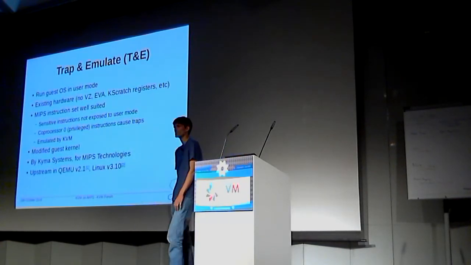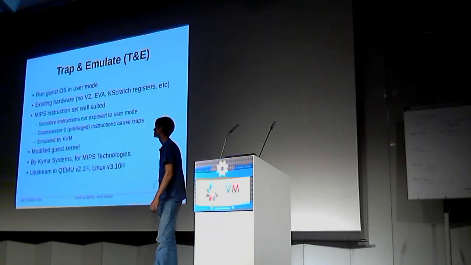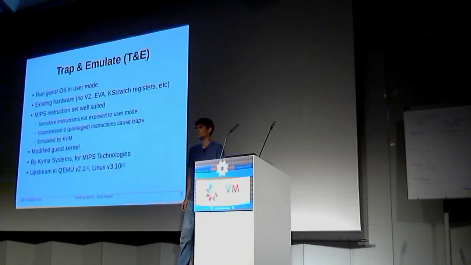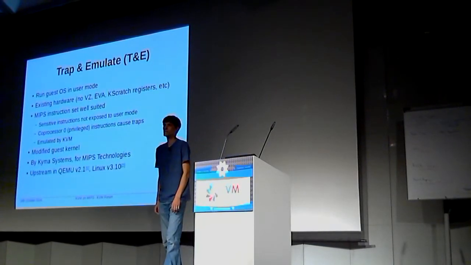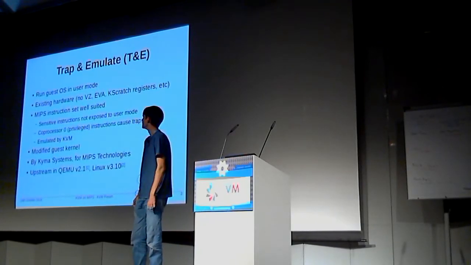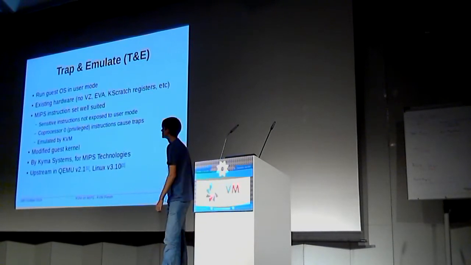So the MIPS instruction set is actually quite well suited to this approach. Essentially, all sensitive instructions in MIPS aren't exposed to userland, so we don't need to trap any normal userland instructions, only instructions that would normally execute in kernel mode.